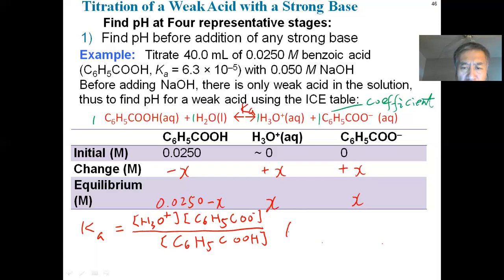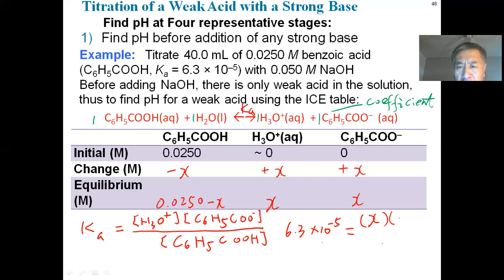Next we will substitute the information we know into this equation for the Ka. We know the number for our Ka is 6.3 times 10 to the negative 5, so we substitute this number for Ka. We know the H3O plus concentration at equilibrium is x, so we write x for H3O plus.